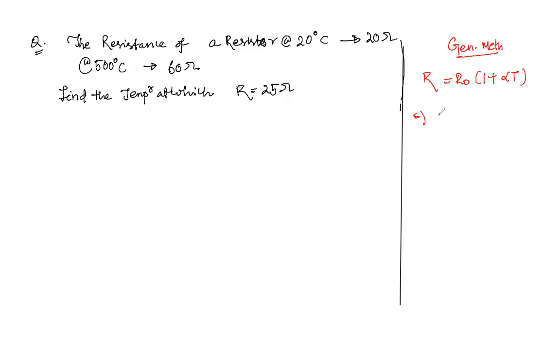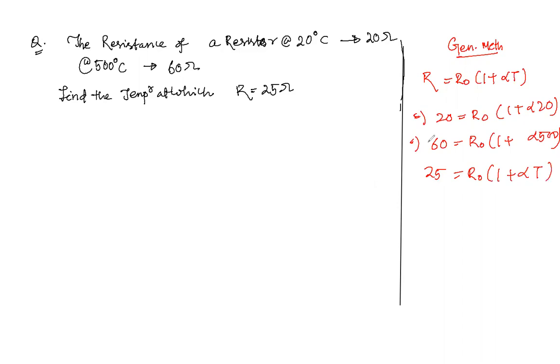So you are going to write here 20 is equal to R naught into 1 plus alpha 20. Then again we will write the equation 60 is equal to R naught into 1 plus alpha 500. Then again you'll write 25 is equal to R naught into 1 plus alpha t. And so many things are there. But I don't recommend you to use this method. I'll tell you how to do it.